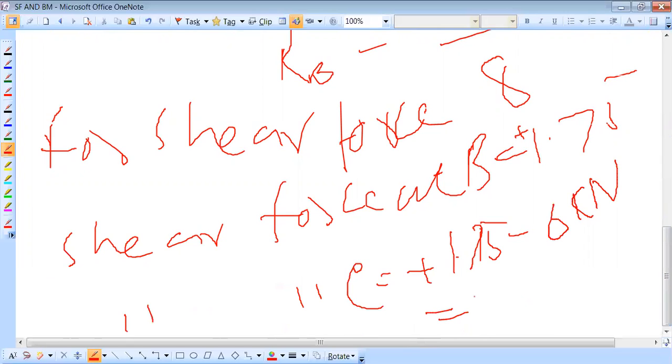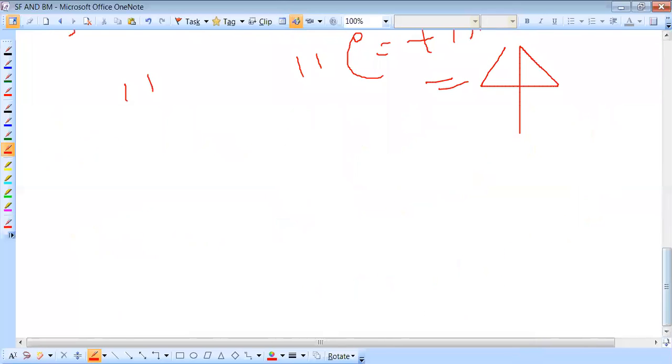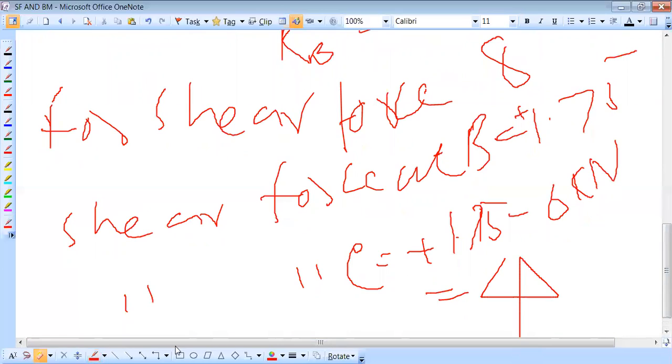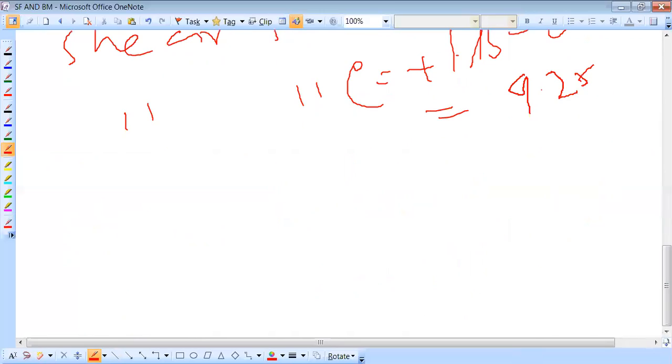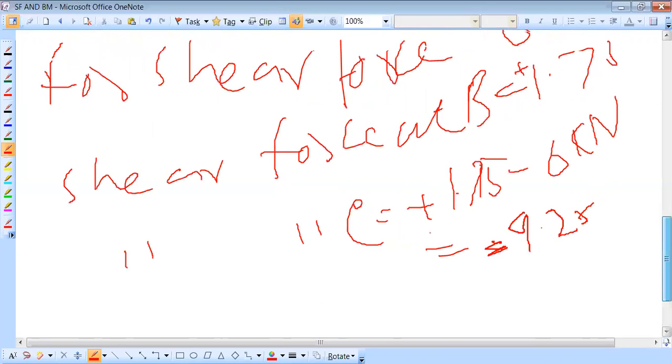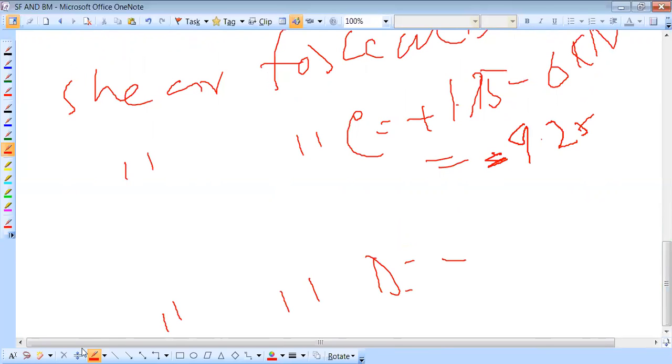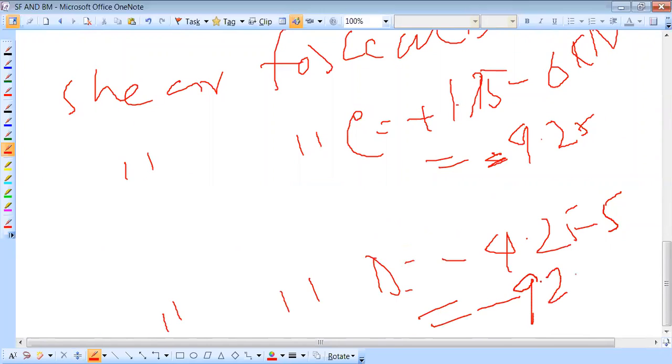So this is 1.75 minus 6, which is minus 4.25. At D, sorry, this one is minus because 6 is greater than 1.75. Then shear force at D is equal to minus 4.25 plus 5, minus 9.25.